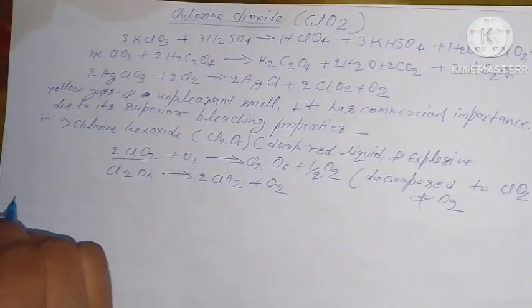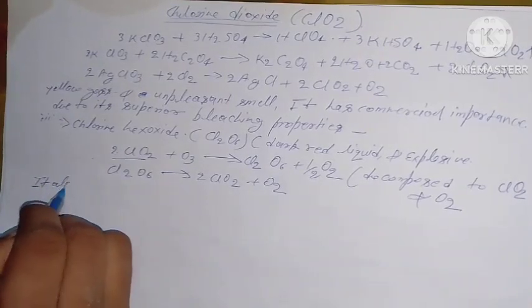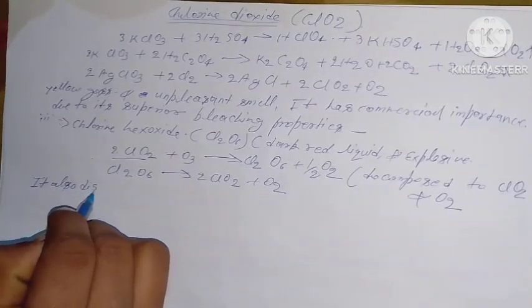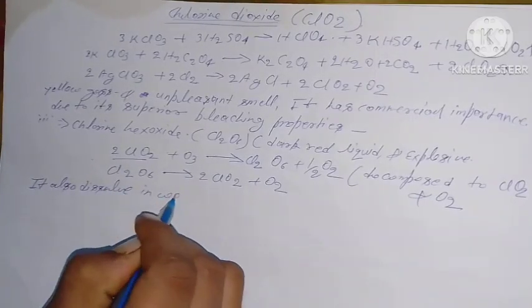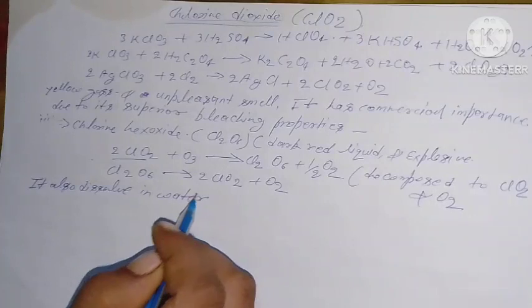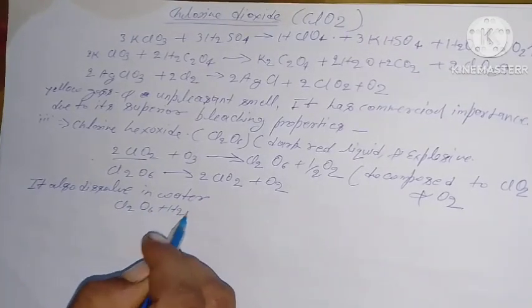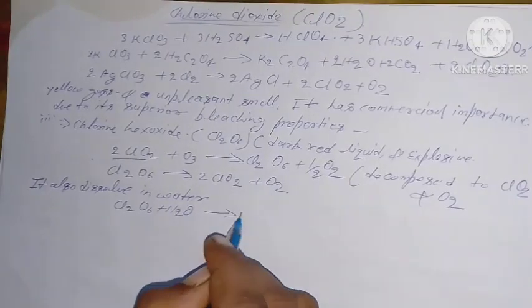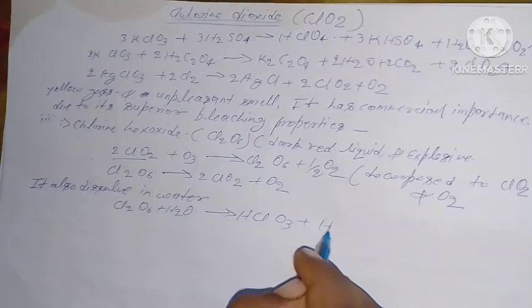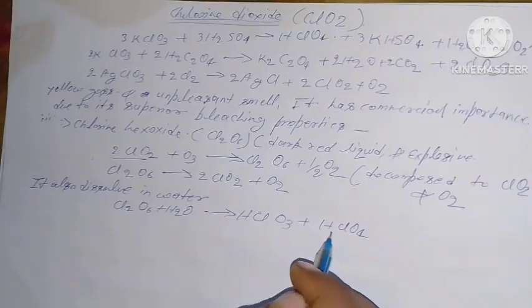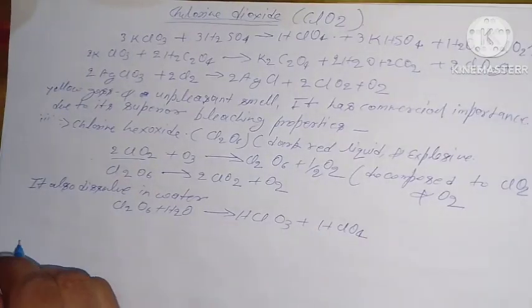It also dissolves in water: Cl2O6 plus H2O gives HClO3 plus HClO4.